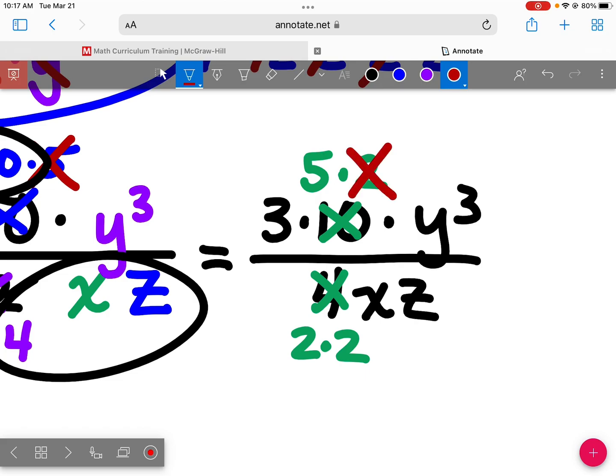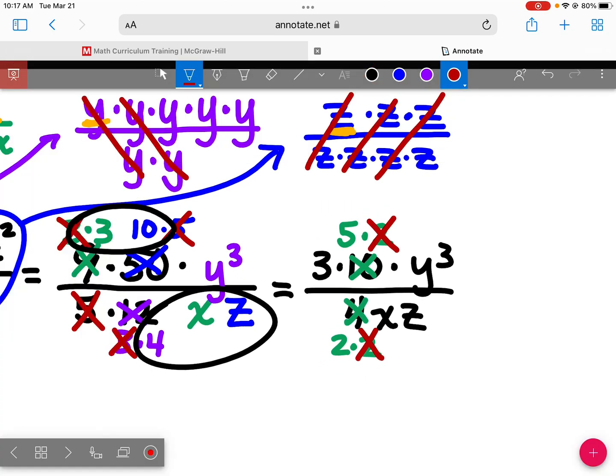I can cancel out one of the 2's. Will anything else cancel at all? No. Can I factor anything more? No. 3 is just 1 and 3. There's no other way to get it by multiplying. 5 is just 1 and 5. 2 is just 1 and 2.